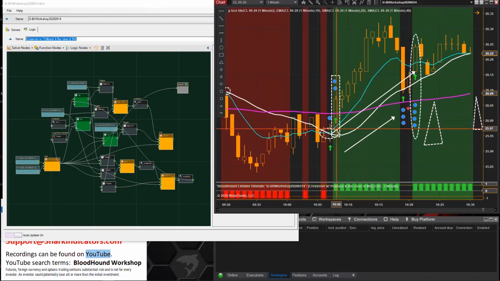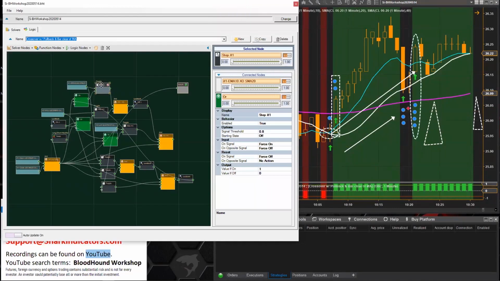So if we got a short signal in here, I was using the opposite signal to turn off the toggle nodes.